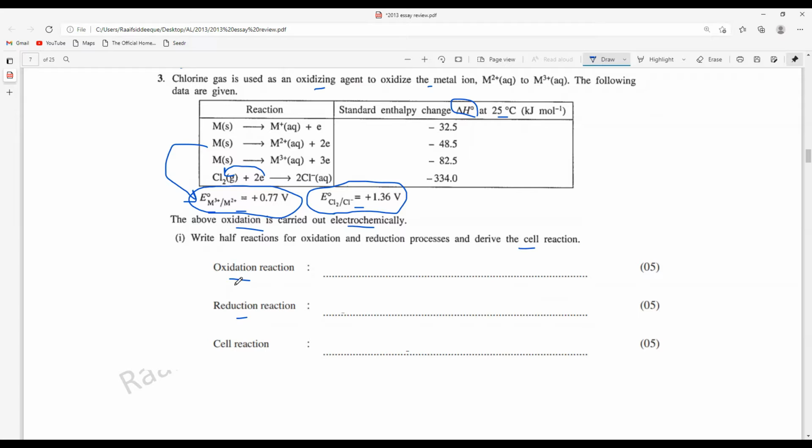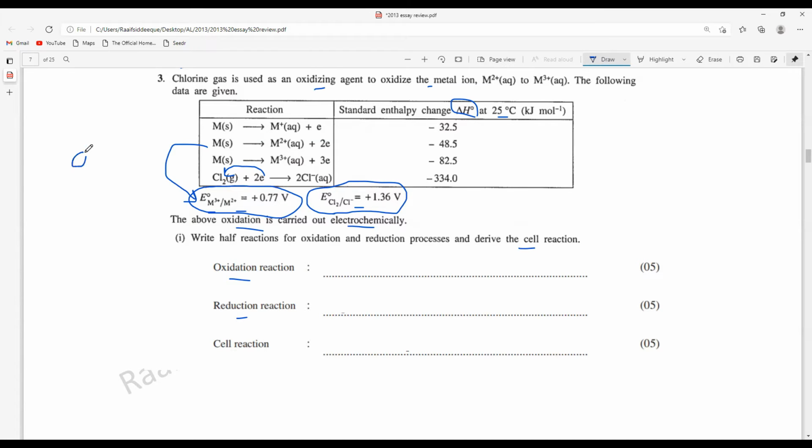If you remember our typical electrochemistry, I told you the elements or compounds at the top of the electrochemical series are more likely to get oxidized, and their reduction potential is lower or negative in nature. So +0.77 is lower than +1.36, right?